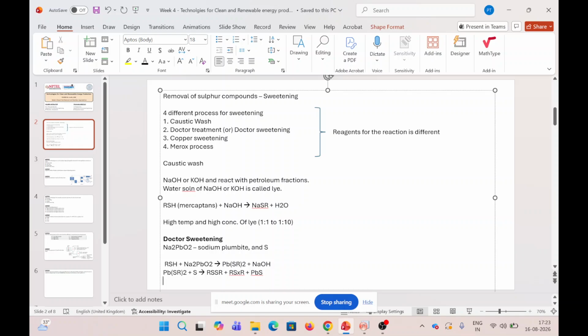And there are also chances that this Pb(SR)2 may also react with the oxygen.